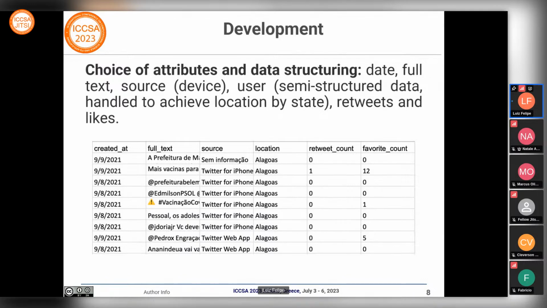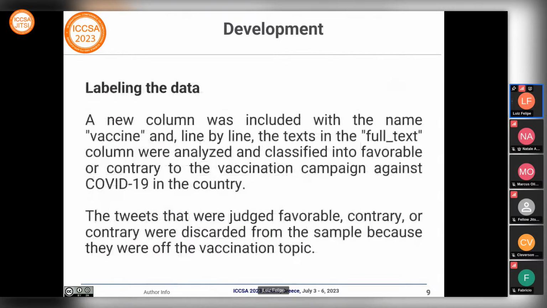After that, the data was organized in a structured way. A new column was added to the data, and after reading the full text of the post, it was filled with information about the post being for or against the vaccination campaign in the country. Posts not related to vaccinations were discarded.